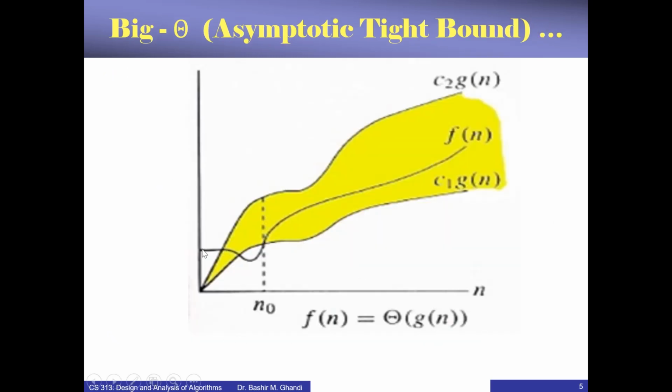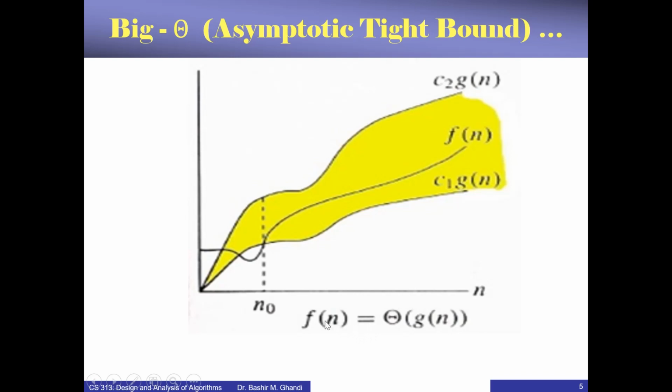So here we have our function fn. So what we are saying is fn will be considered to be theta of gn. Notice there is a misnomer here actually, because fn is one function and theta of gn is a set of functions, and we are trying to equate them. You cannot equate a single value with a set of values, but actually that is the convention.